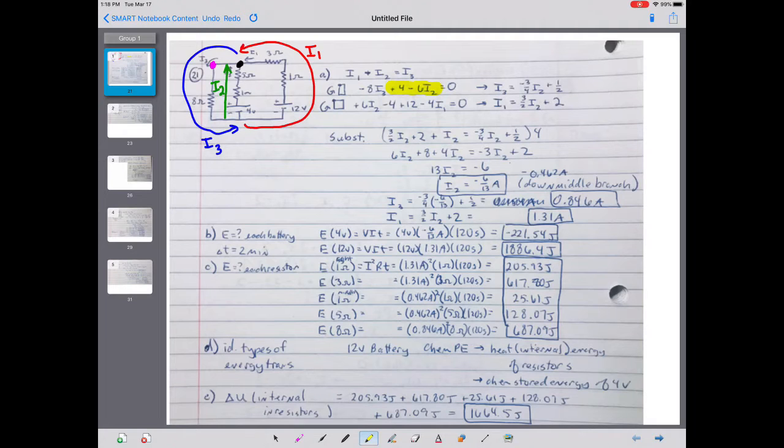And then moving down, I would go from the positive to the negative terminal of the battery, so that would be a negative 4. Rounding the corner from the bottom junction going right, I go to the 12 volt battery from the negative to the positive, so that's an increase, plus 12. And then I go through the 1 and the 3 that are in series, so I'm combining them to be a 4. And I'm going in the direction of I1, so that would be a minus 4I1.